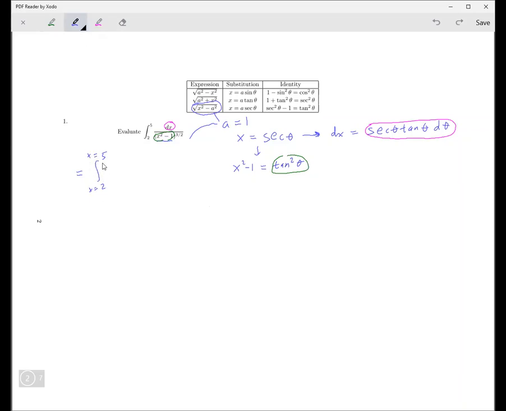Sometimes it's good to change them, but usually not. In this case, it's not really useful to change it. So again, the dx becomes all this, and this becomes tangent squared theta, and that's all raised to the 3/2.